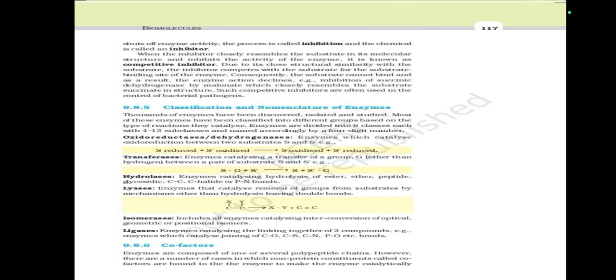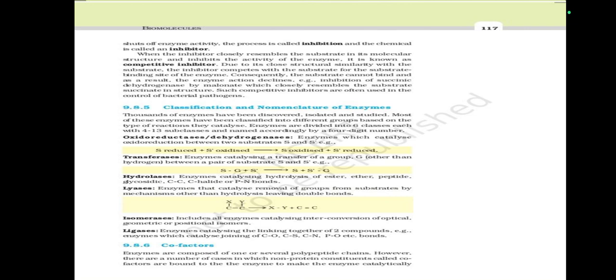Transferases: enzymes catalyzing a transfer of a group G other than hydrogen between a pair of substrates S and S'. Hydrolases: enzymes catalyzing hydrolysis of ester, ether, peptide, glycosidic, C-C, C-halide, and P-N bonds. Lyases: enzymes that catalyze removal of groups from substrates by mechanisms other than hydrolysis, leaving double bonds.